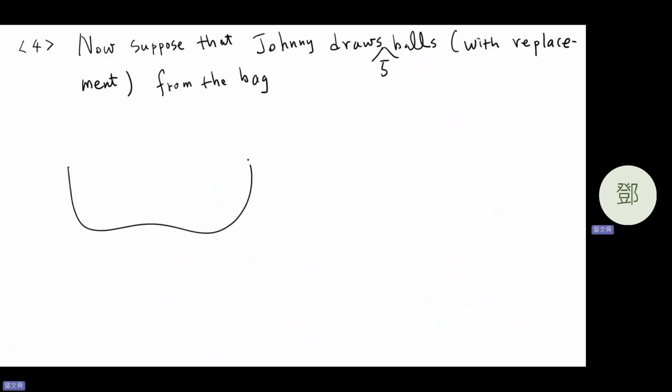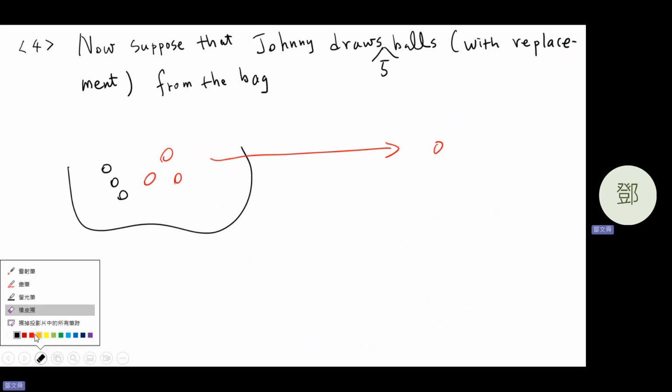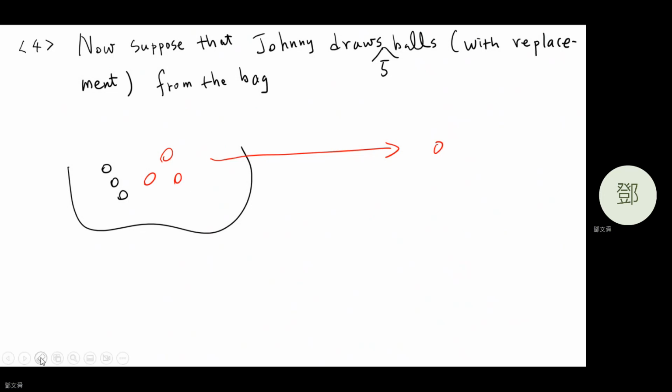For example, you don't draw this. When Johnny gets this one, this one is drawn out of the bag, right? And someone puts a ball back into the bag. Suppose that this is the replacement.